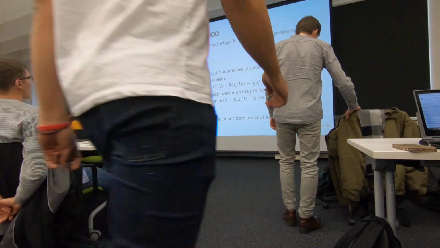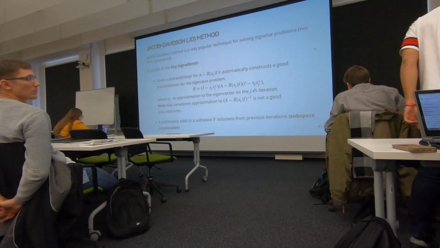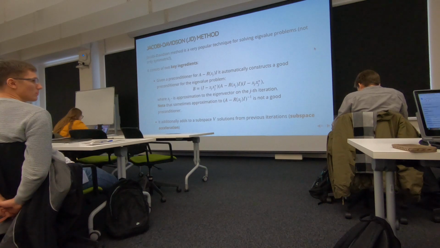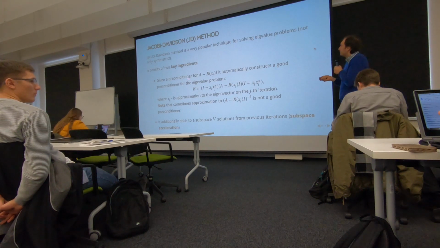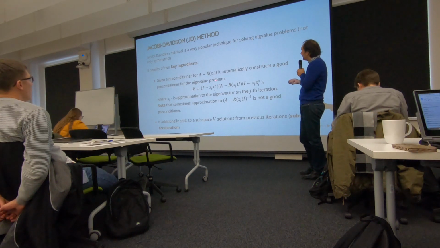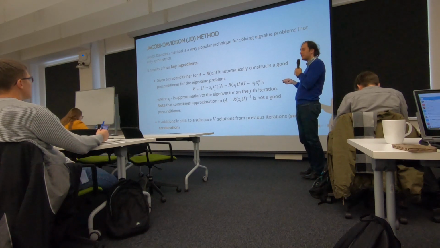It's popular and it works not only for symmetric cases. So, just to explain: for Rayleigh quotient iteration, we need to solve a linear system with A shifted by this.